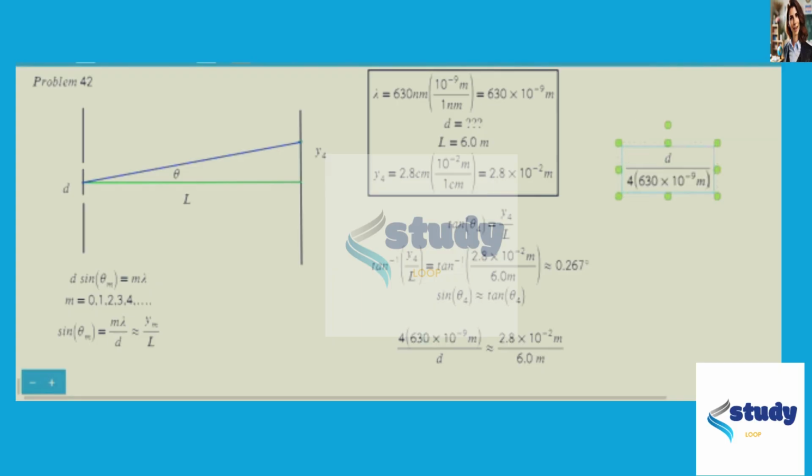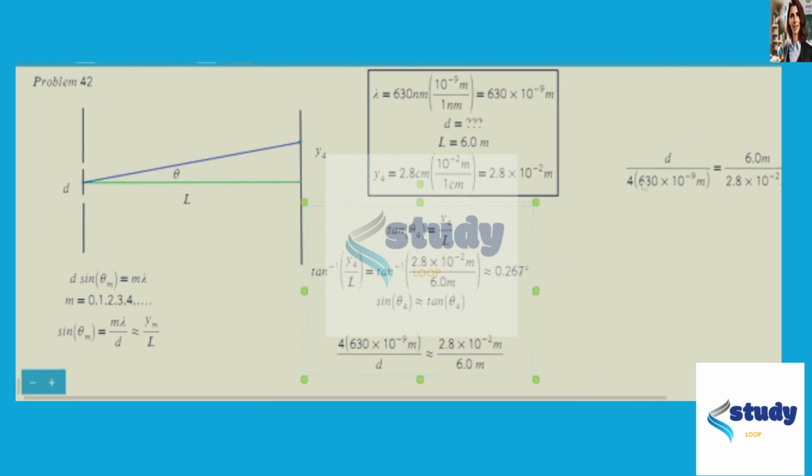D over this is going to be equal to the reciprocal here. So this is going to go into the denominator, and then in the numerator we have 6.0 meters over that quantity. And now all we have to do is multiply both sides by this denominator that's on the left hand side.